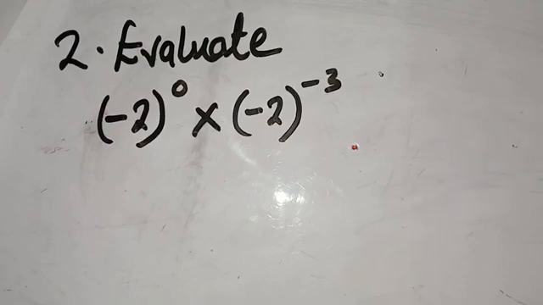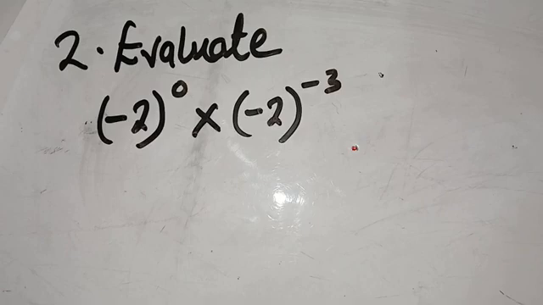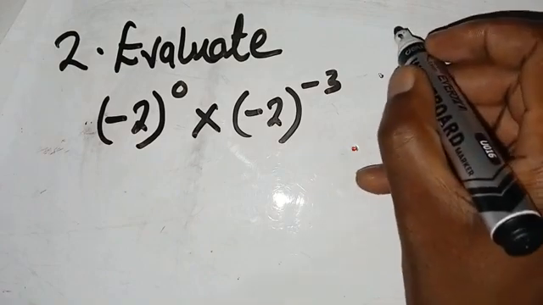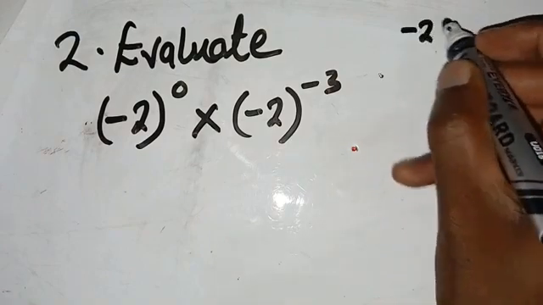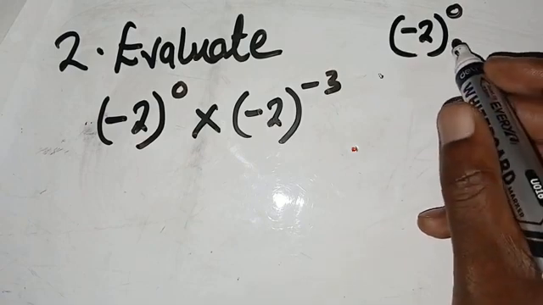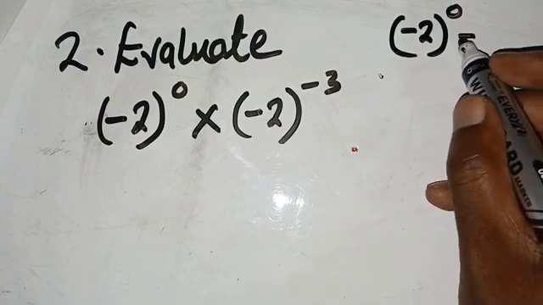Okay, so this is question 2. Let's see how we can proceed to simplify this one here. All right. So if you like, we could actually split this into 2. Let me say, what is this one here? You do know that any base raised to 0 is equal to 1.